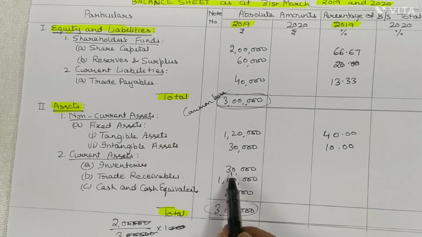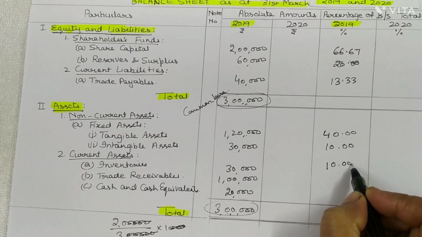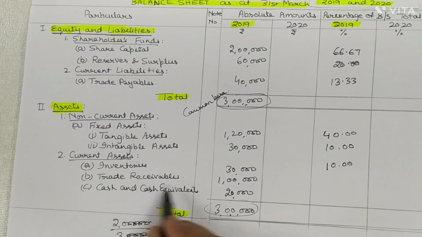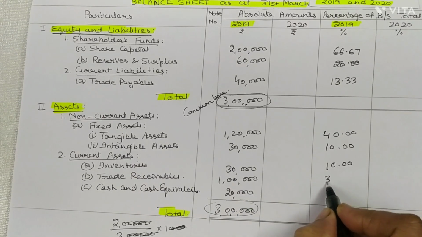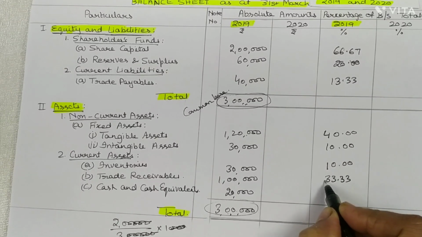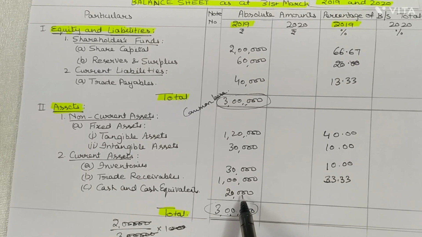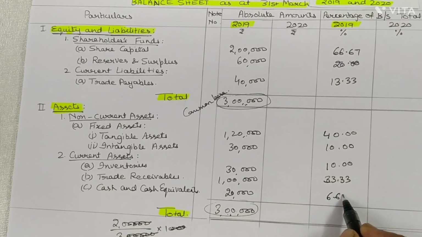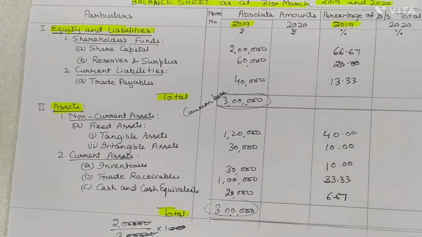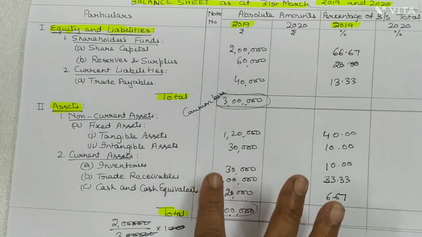Next, inventories 30,000 divided by 3 lakh into 100 is equal to again 10. Next, trade receivables are 1 lakh divided by 3 lakh into 100 is equal to 33.33%. Next is cash and cash equivalent 20,000 divided by 3 lakh into 100 is equal to 6.67%. Okay. In this way you have to calculate percentage of balance sheet total in this column for previous year, like this.